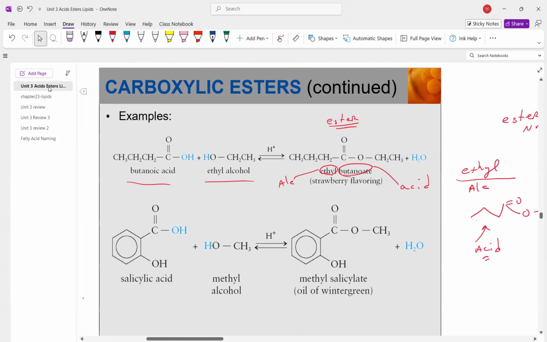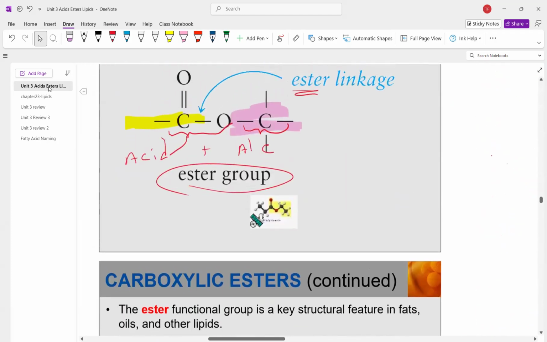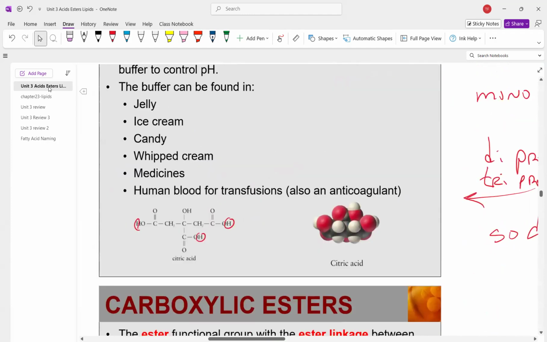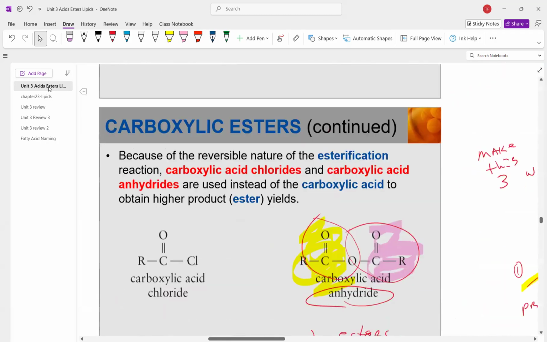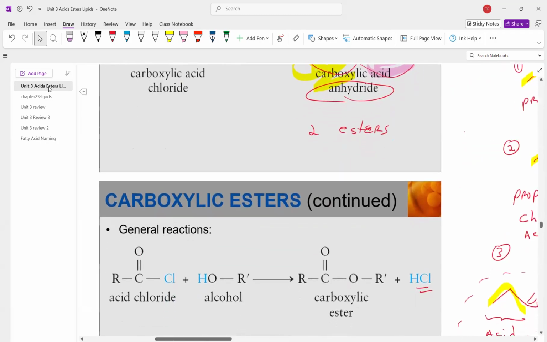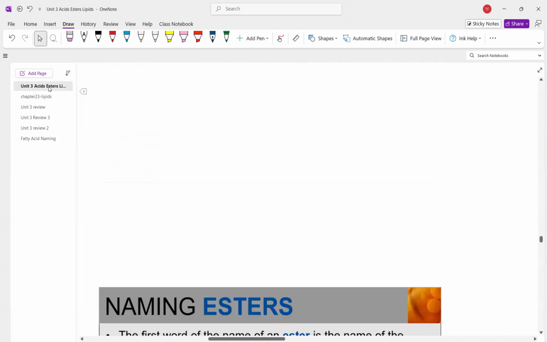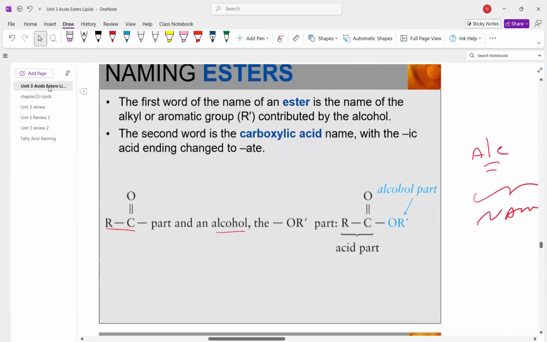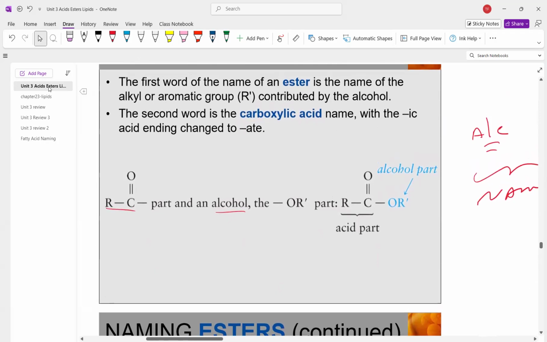Okay, so I want to talk about naming though here. So naming an ester. An ester is made up of an acid and an alcohol.